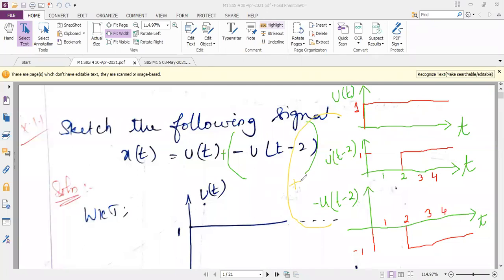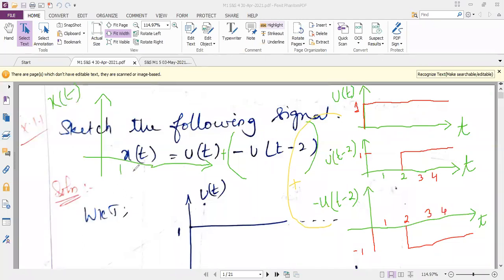Okay. So now I am writing the final diagram. Since I do not have space at the bottom, you should draw one below the other. So now my complete sketch is for x of t. X of t is equal to u of t minus u of t minus 2.